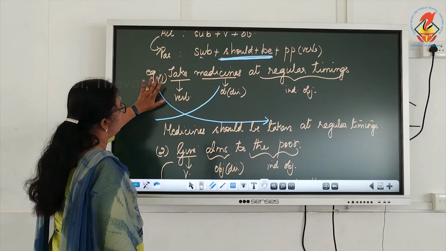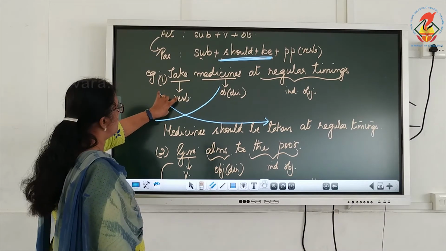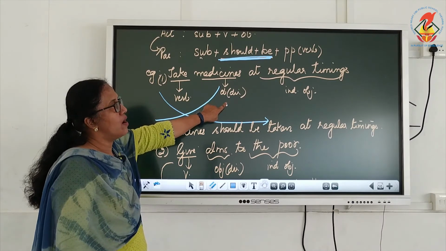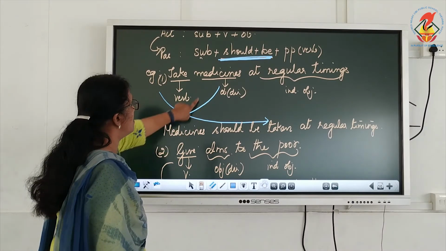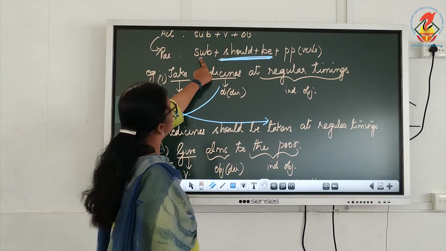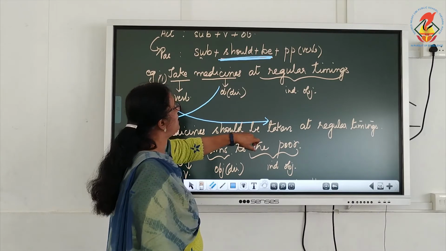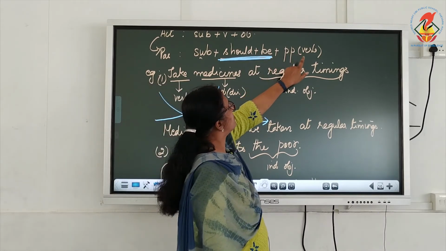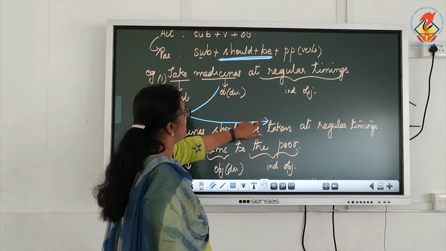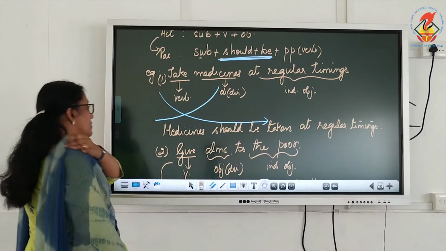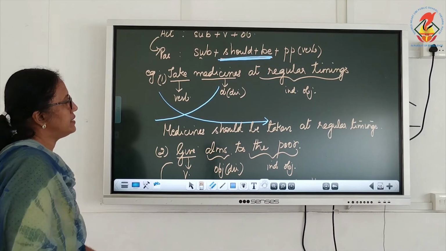We saw that the subject is missing, we have the verb and the object. The object becomes the subject: "medicines," then "should be" plus the past participle of the verb, "taken at regular timings." That is how you get the passive form.